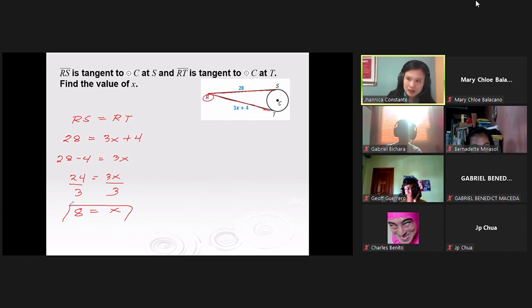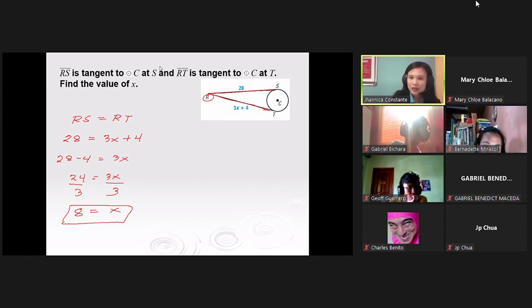So that is the value of x in the circle C that we have, composed of two tangents, tangent RS and tangent RT. Okay, so that is the second theorem for tangent.